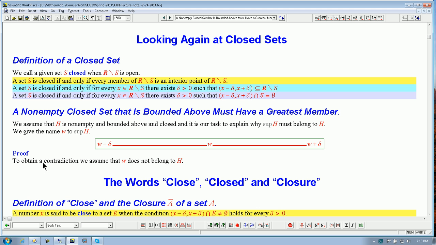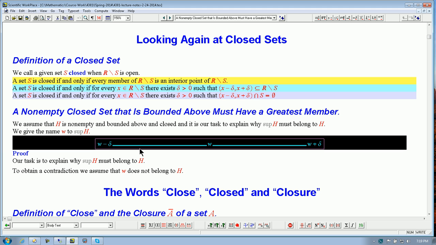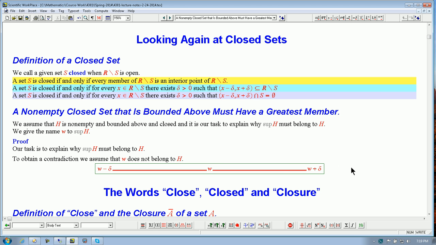So I want to tell you that our task is to explain why sup H, the set's called H, must belong to H. I'm just stating the task. You understand? I'm going to do it by contradiction, and I did this last time. We assume, to obtain a contradiction, that this number fails to belong to H. I'm pulling the sketch down to here.